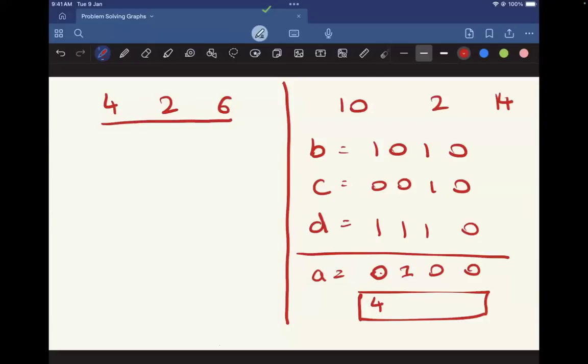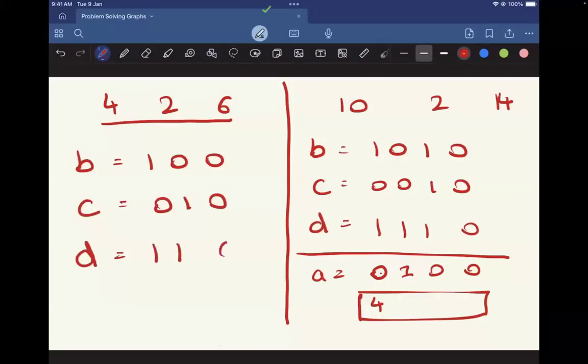And this is more or less enough to see why our assumptions are correct. B is 1, 0, 0. C is 0, 1, 0. And D is 1, 1, 0. All right.